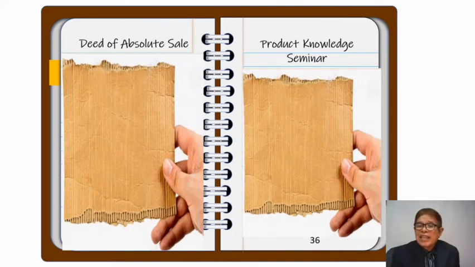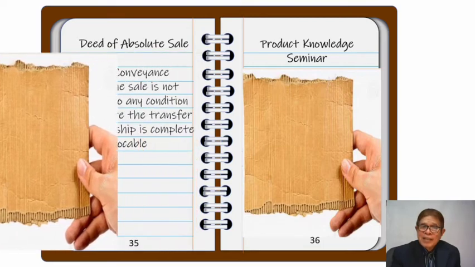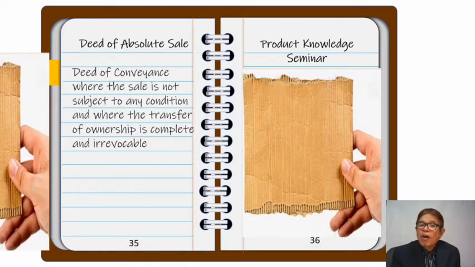What is deed of absolute sale? A deed of absolute sale is a deed of conveyance, where the sale is not subject to any condition and where the transfer of ownership is complete and irrevocable.